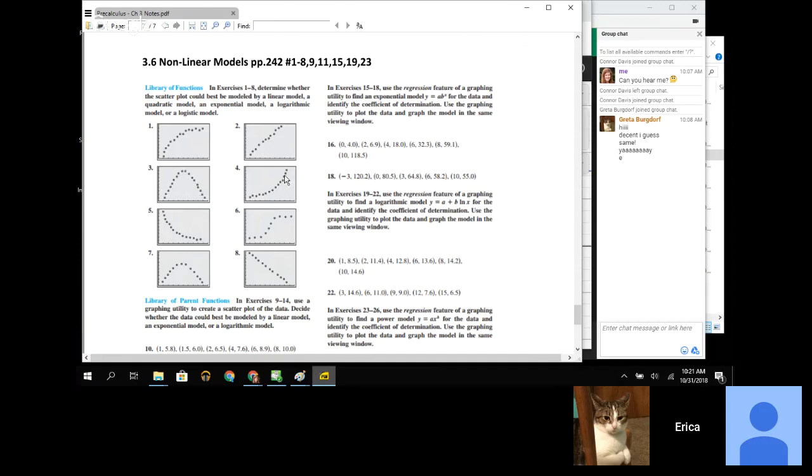Now, number six has this funny shape: we're flat, then we grow, then we're flat. So this is the new one we learned. This is the logistic model. And then number eight, we're back to a linear model.